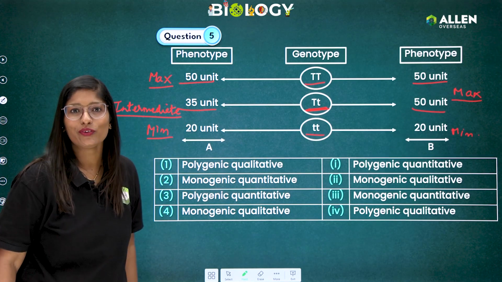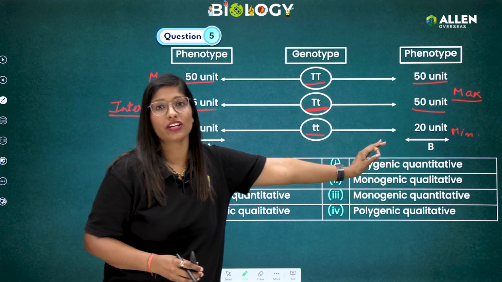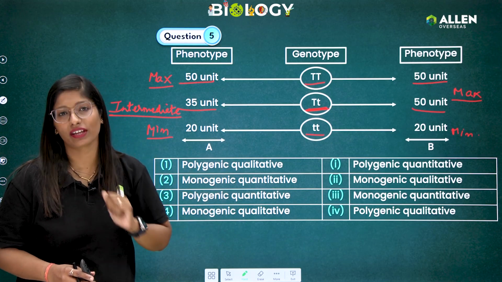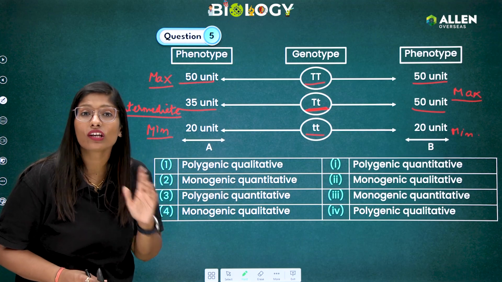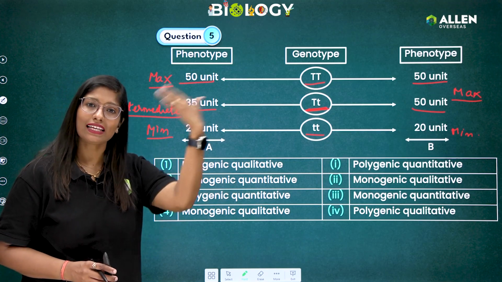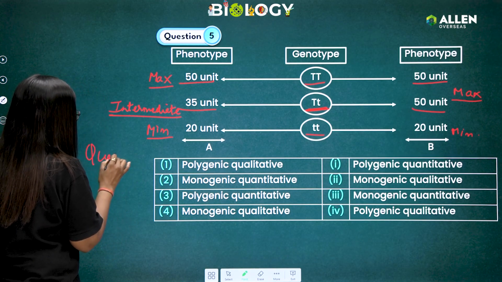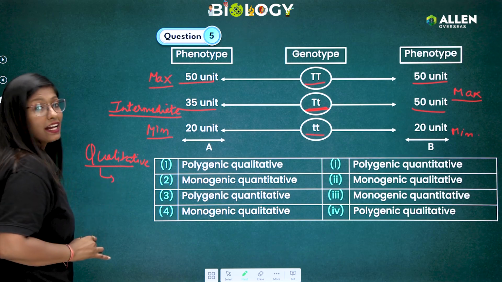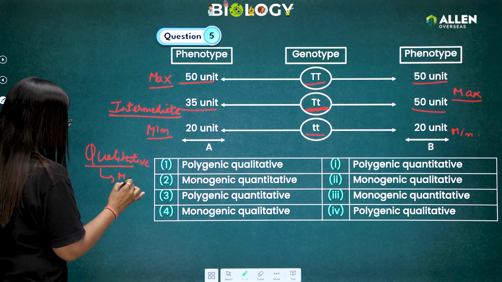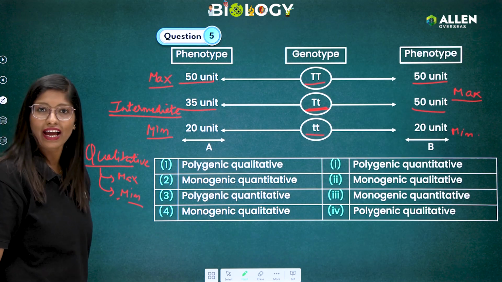Now, you know that if you are getting only maximum and minimum expression, it means it is a qualitative character. And whatever characters Mendel chose and told were all qualitative characters because he was getting either maximum or minimum expression. So we can say for a qualitative character, we get only maximum and minimum expression, right?